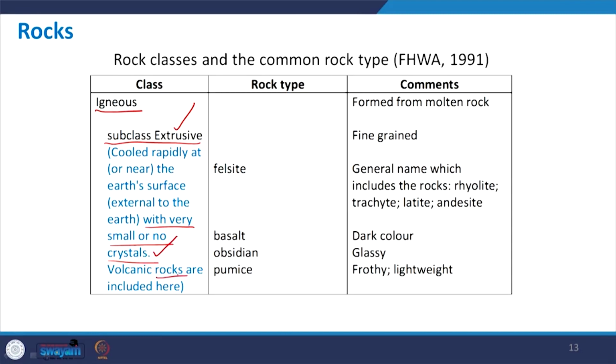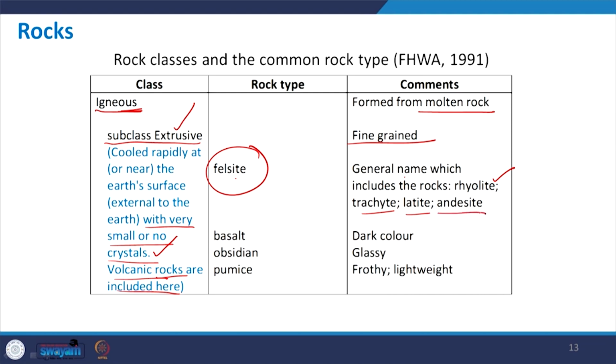These volcanic rocks are included in this category. Here we will have felsite. As I mentioned, igneous rocks are formed by molten rock. These are fine grained. For felsite, the general name includes the rocks rhyolite, trachyte, latite and andesite.